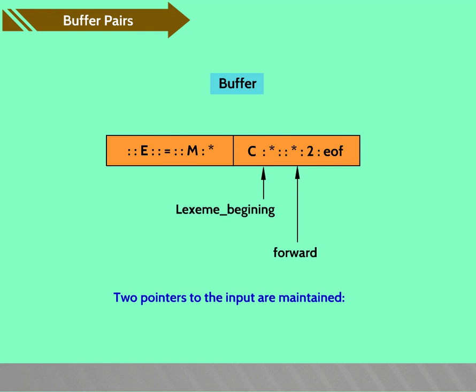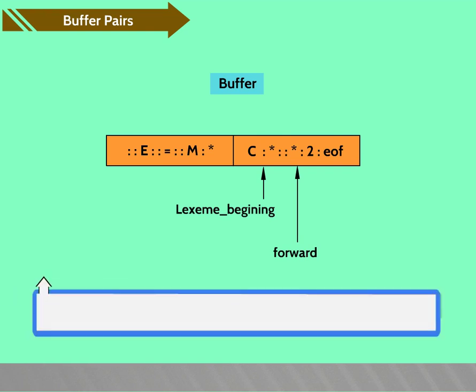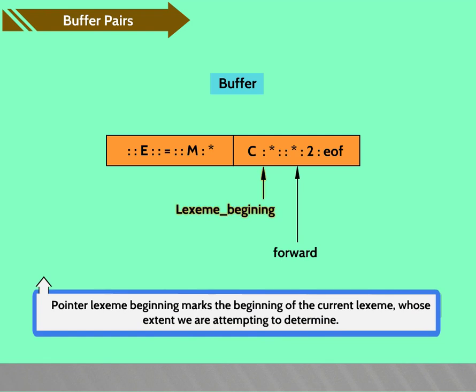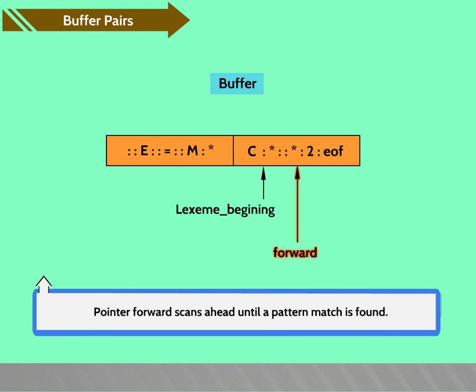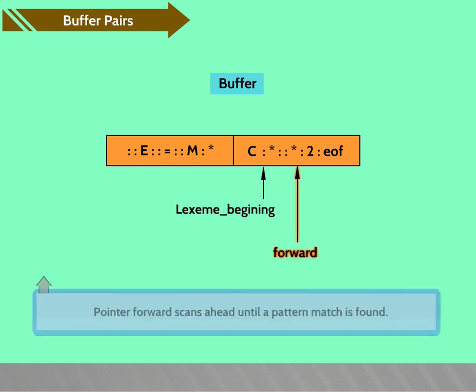Two pointers to the input are maintained. Pointer lexeme_beginning marks the beginning of the current lexeme, whose extent we are attempting to determine. Pointer forward scans ahead until a pattern match is found.